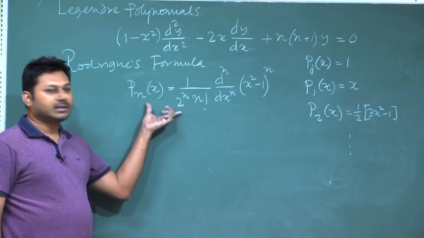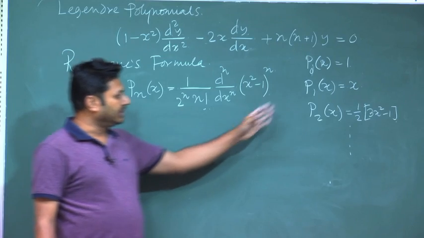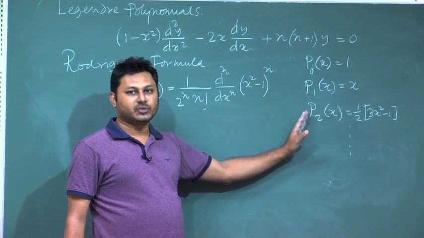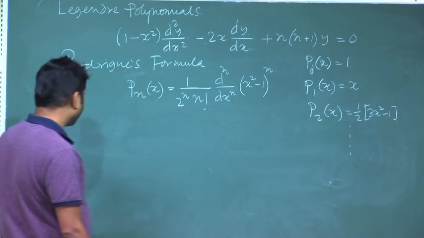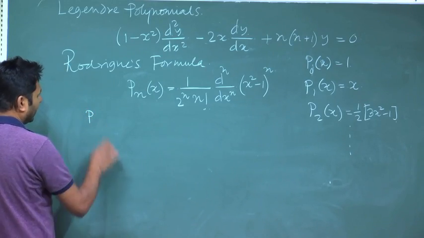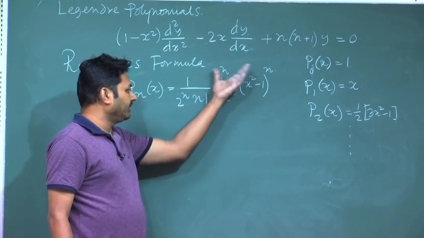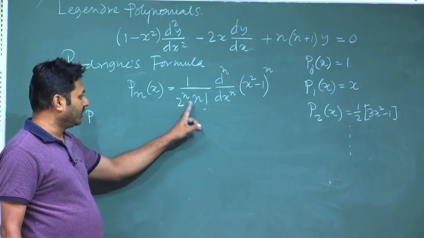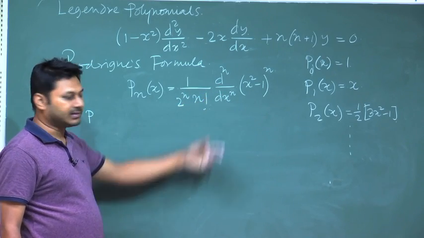If I evaluate, I am going to get these things. Let me do that elaborately so that you can have an idea of these polynomials. First P0 is a 0th order derivative, here is 0, here is 0, so 1, readily it is there.